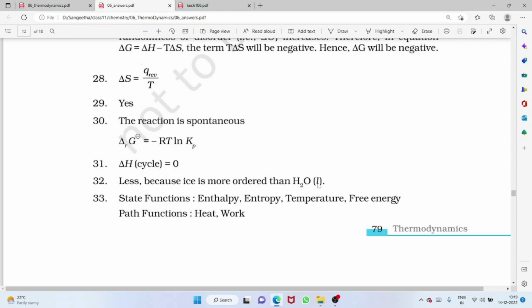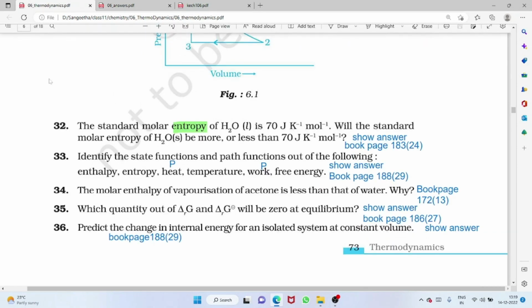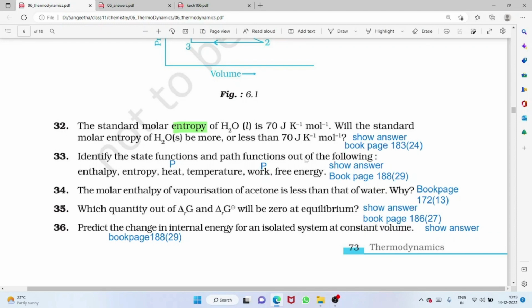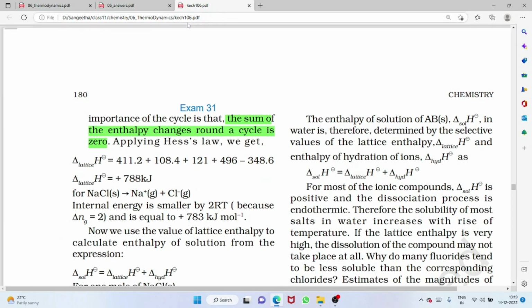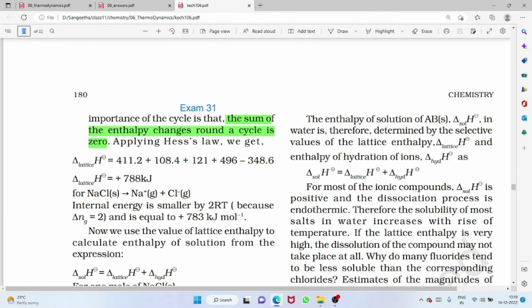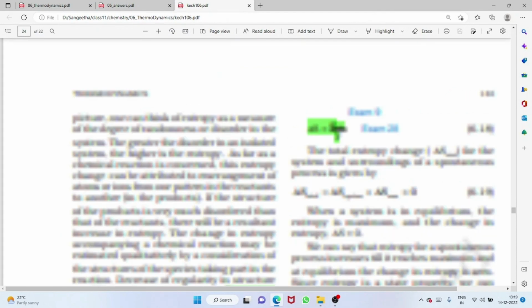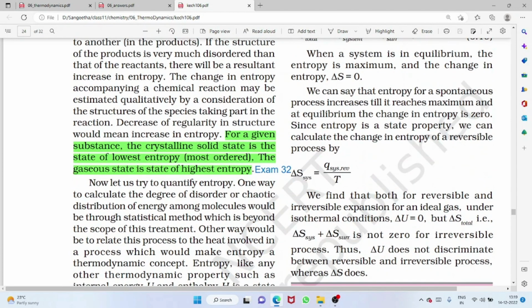Ice is more ordered than the liquid. See here, for a given substance, the crystalline solid state is the state of lowest entropy, that is, more ordered, than the gaseous state, which has the highest entropy, that is, the most disordered.